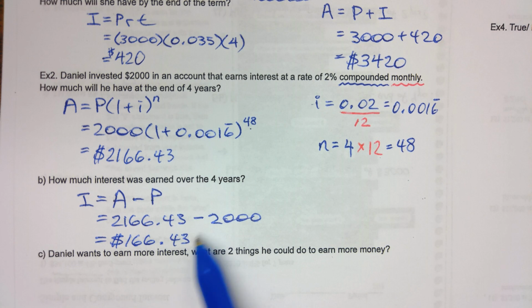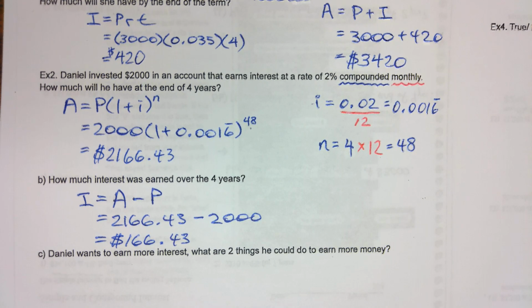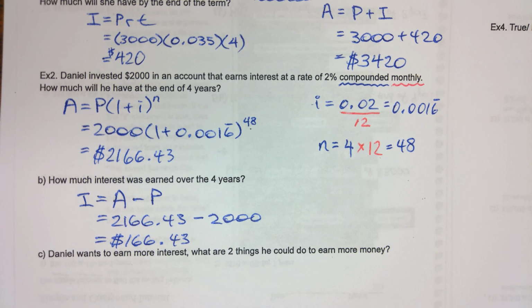How long did it take Daniel to earn $166? Joanna, how long did it take Daniel to earn this $160? 4 years, right? All right. So, do you think that's a lot or little? Who thinks it's pretty good money?